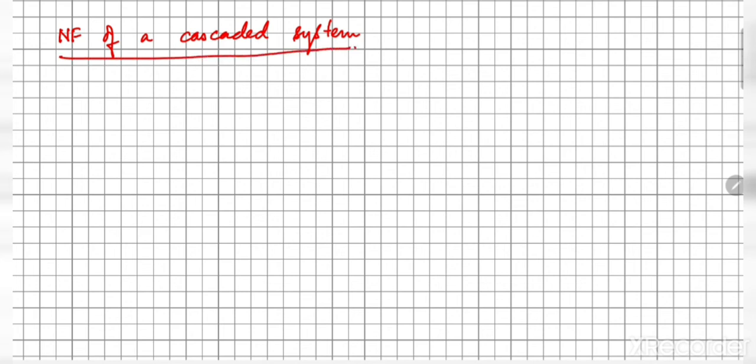So we are basically going to discuss that if there is a chain of components which are interconnected, one following each other, each of these modules has some individual value of noise figure. How does the noise figure of the overall chain or the cascade of these components look like?